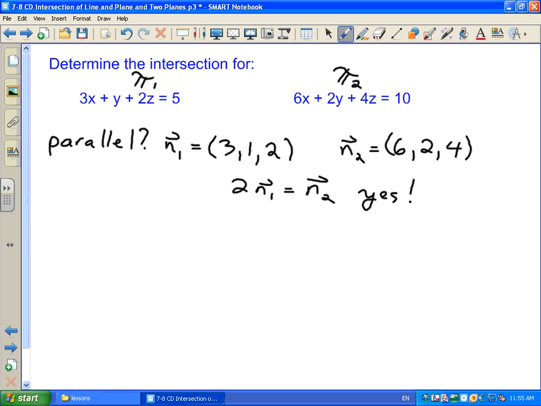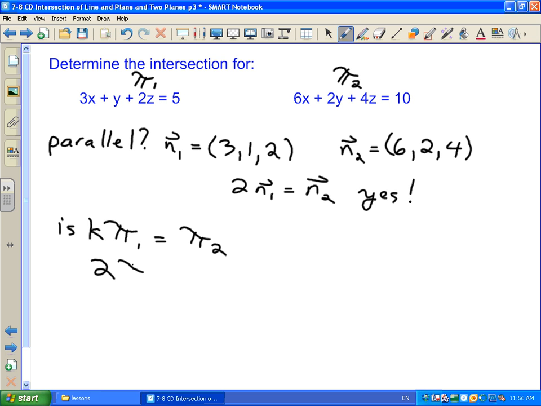We want to know if they're parallel and distinct, or are they coincident? And when we have the two scalar equations, the thing to check is: is one of our planes a scalar multiple of the other plane? And looking at these two, I think you can see just by looking at them that, yeah, these two things are scalar multiples if k equals 2.